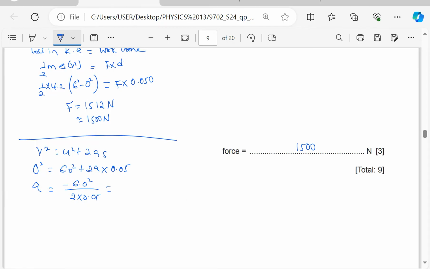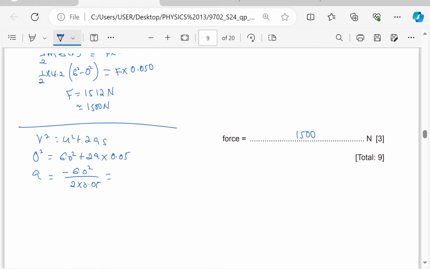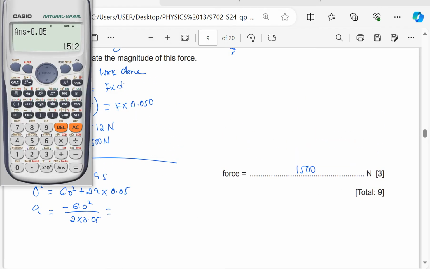So what is this acceleration? Of course, it's going to be negative 6 squared divided by 2 times 0.05.